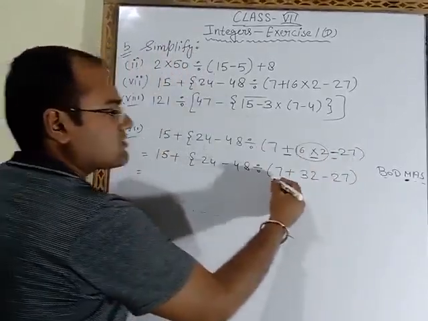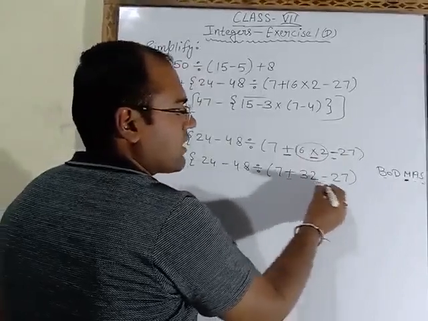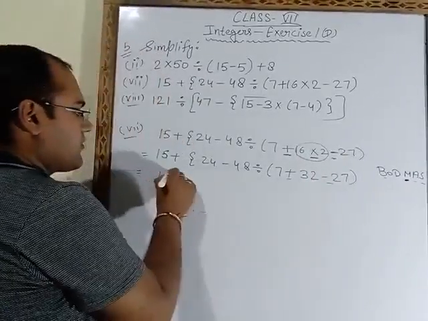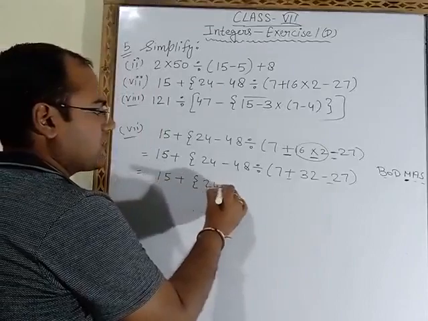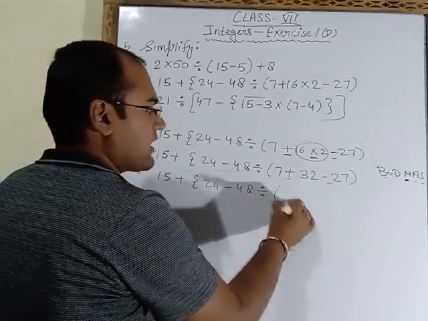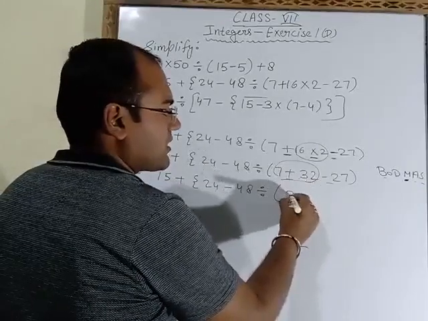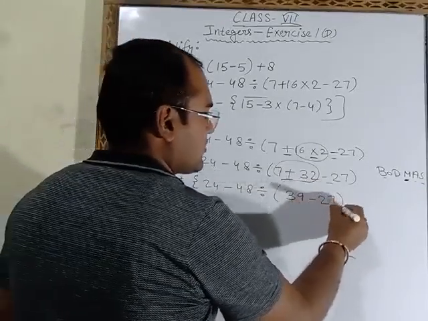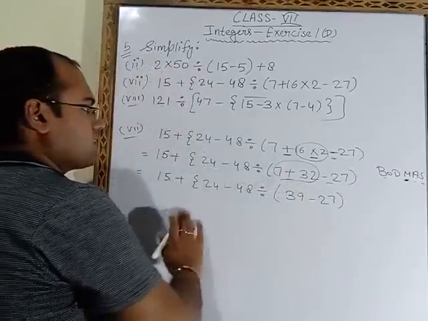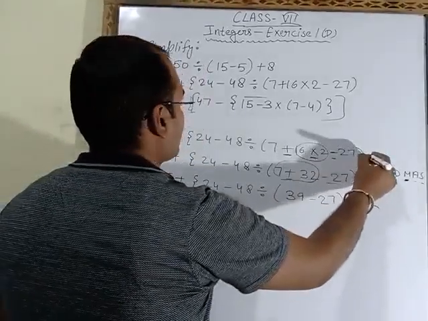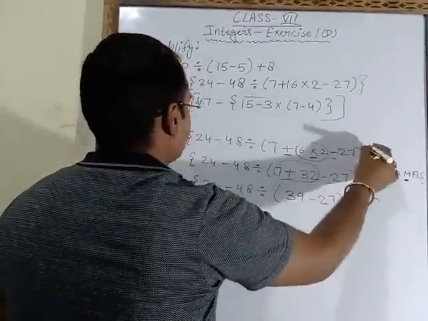Now next step we will solve this bracket. That means we have to add and subtract. So 15 plus 24 minus 48 divide, bracket will be as it is. We will add these two. On adding these two numbers we will get 39 minus 27. This bracket we have to close at the end.